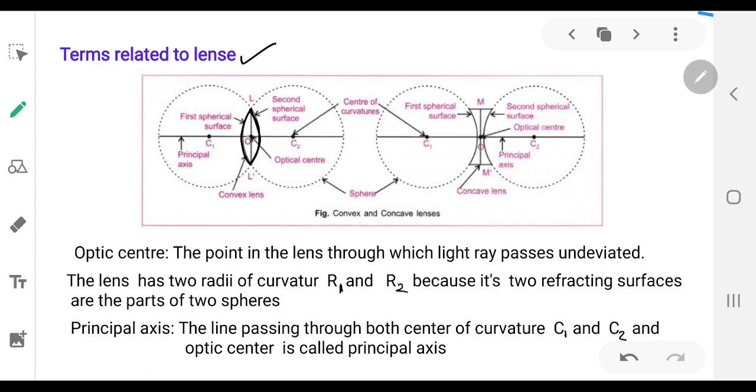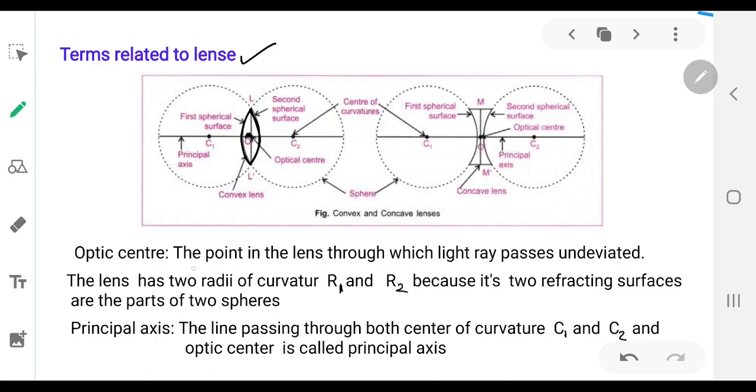Inside the lens you can see O, that is nothing but the optic center. The geometrical center of the lens, which lies within the lens, is called the optic center. So the midpoint of the lens which lies within the lens is called the optic center.